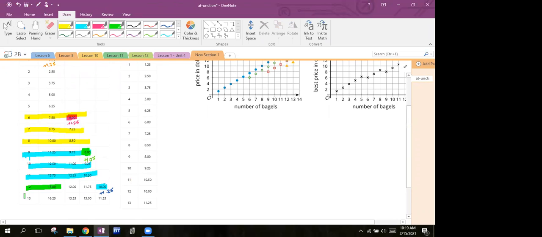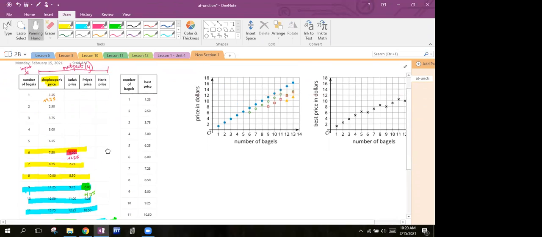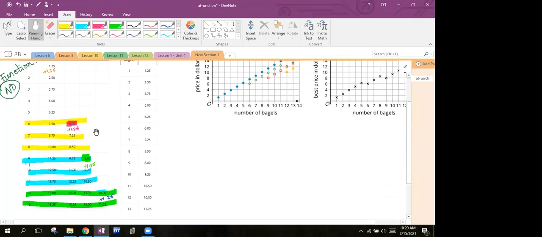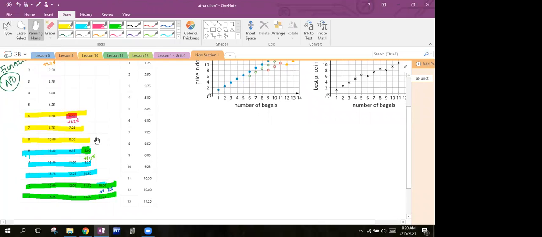And then there's 4 prices for 12 and 13. So since that's true, is this first table a function? No. Why is it not a function? Because it has more than one output for every one input. And y'all did talk about that last year.